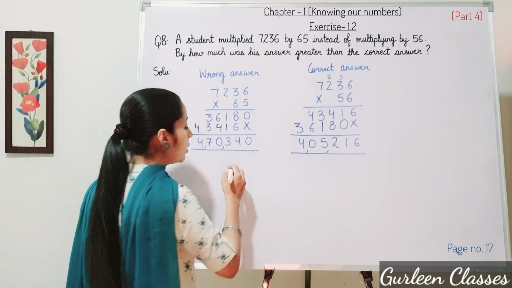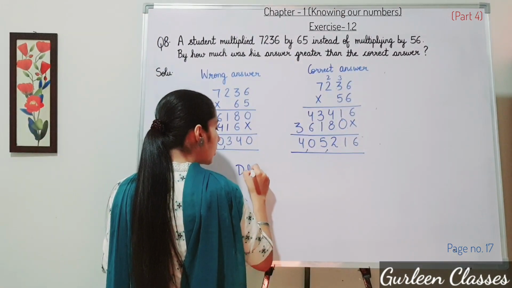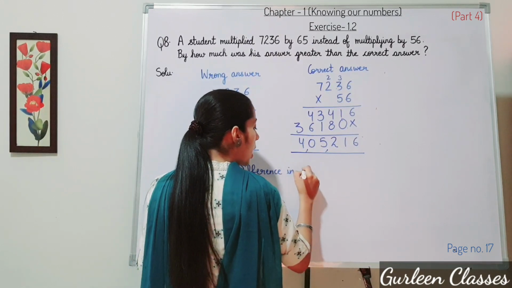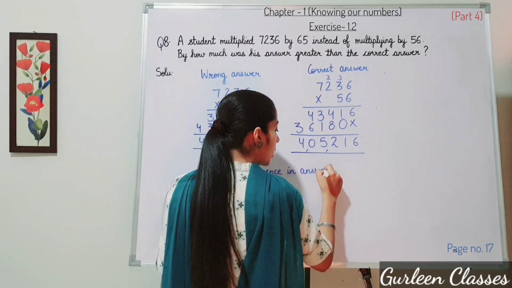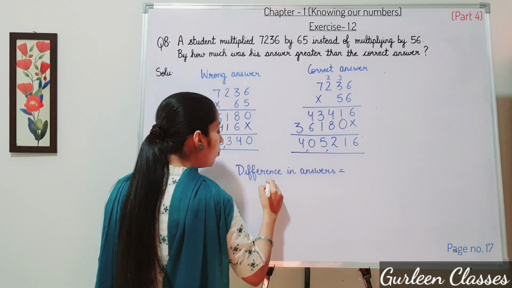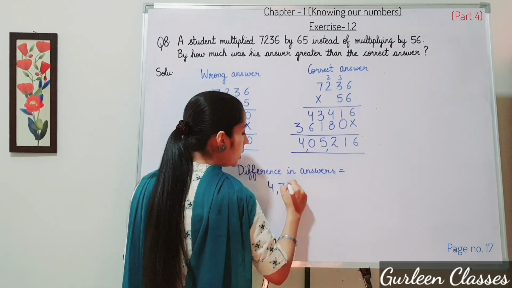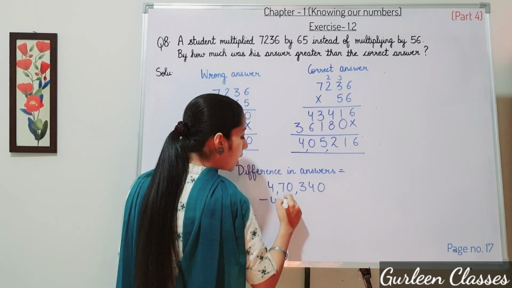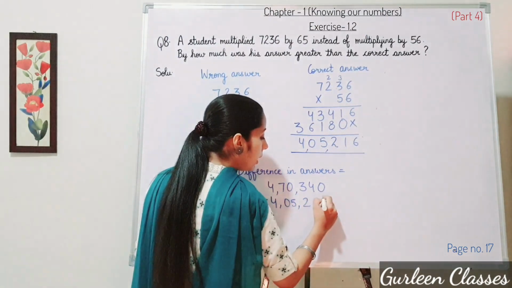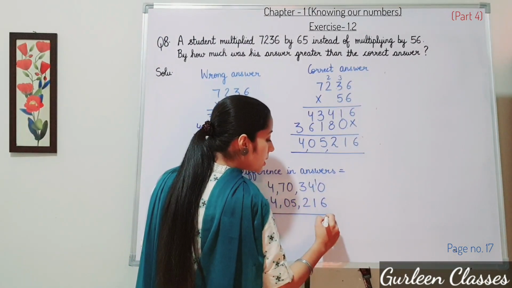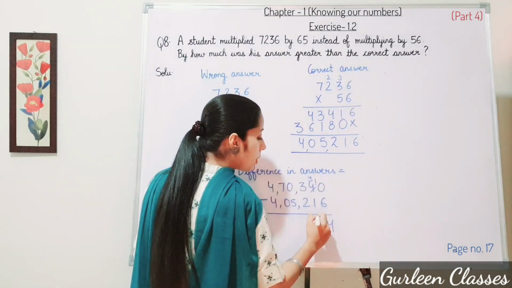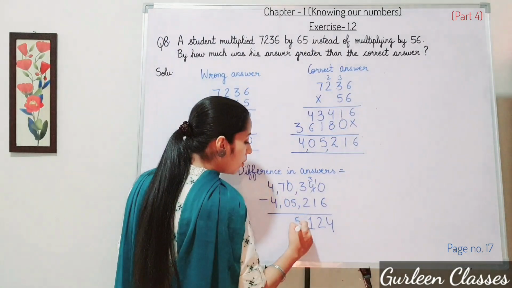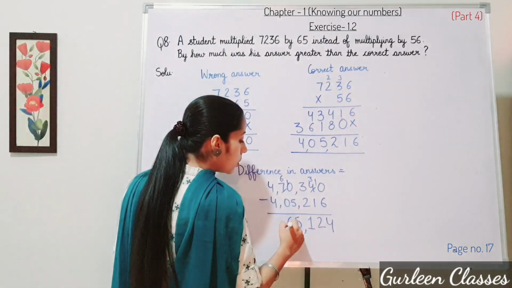Now we have to find out the difference. So let us find the difference in answers, that is equal to 4,70,340 minus 4,05,216. 10 minus 6, 4. 3 minus 1, 2. 3 minus 2, 1. 10 minus 5, 5. 6 minus 0, 6.